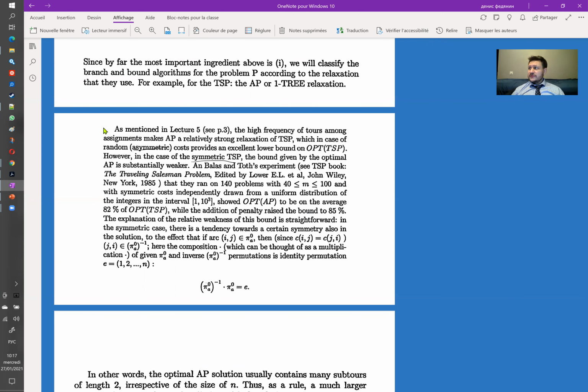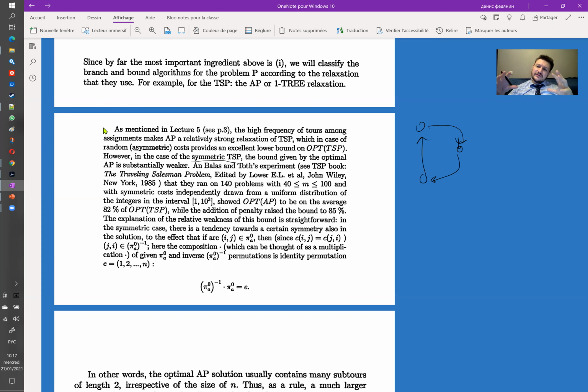The problem is that the lower bound can be calculated in different variants, and symmetric means that we are not so free. In a symmetric variant, for example, we have such a solution, and that's okay.